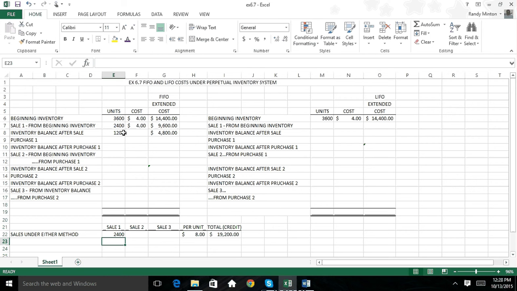In this case, we sold 2,400 units and we had 3,600 units on hand, so we used 2/3 of the beginning inventory, leaving us with an inventory balance after the sale of 1,200 units and a FIFO extended cost of $4,800, which is simply 1,200 units times $4 in cost.